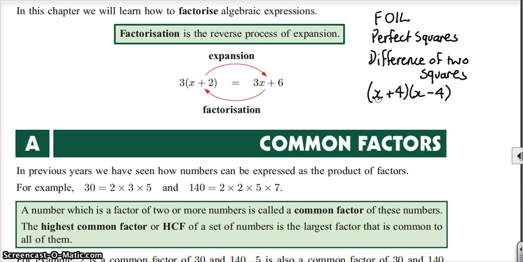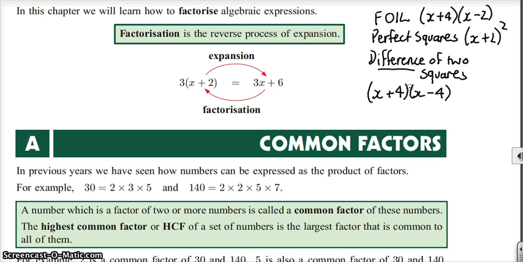Everything else remained the same, so the x remained the same, the 4 remained the same. The only thing that changed was the sign. Perfect squares was simply the same thing, all squared. And FOIL we applied when there were two brackets alongside each other, sometimes with different numbers, often the same pronumeral or coefficient.